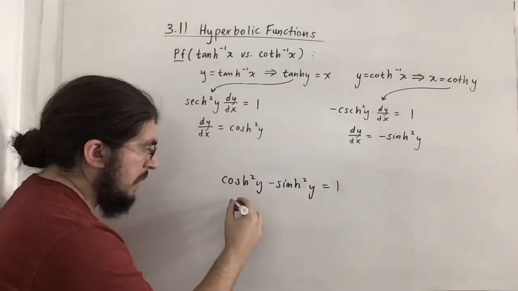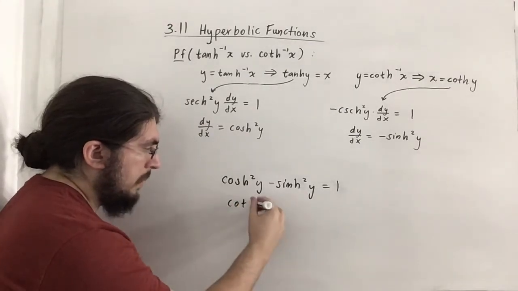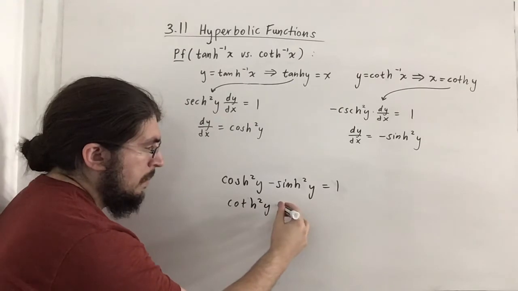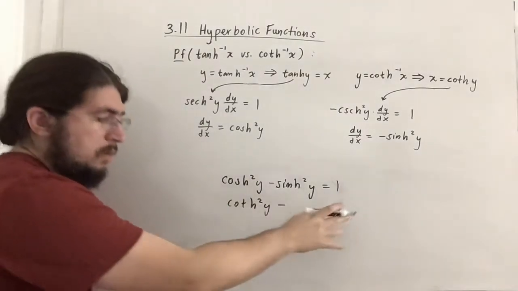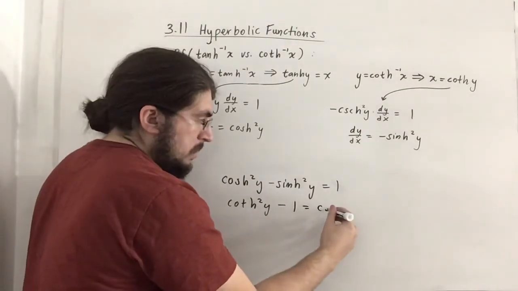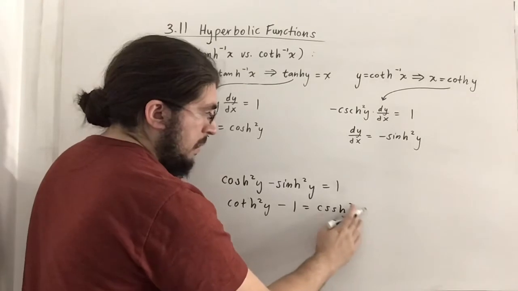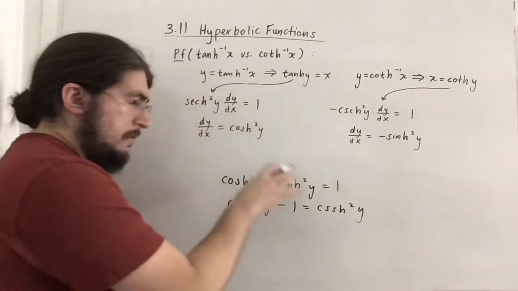Cosh over sinh is cotangent. So we get cotangent hyperbolic squared minus, since sinh squared over sinh squared is 1, equals 1 over sinh squared, which is cosecant hyperbolic squared of y.